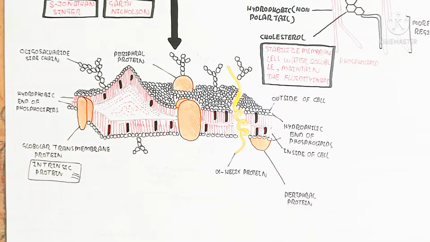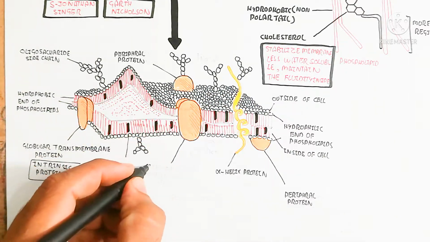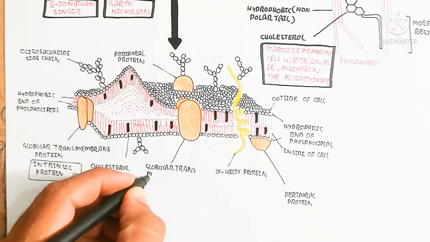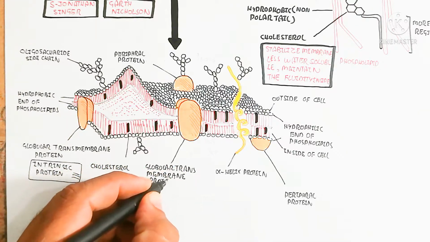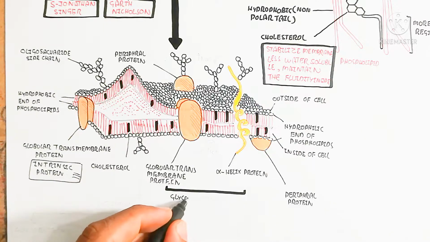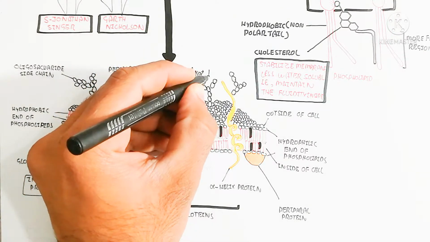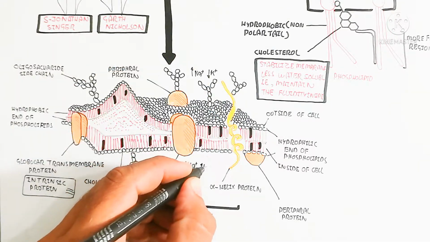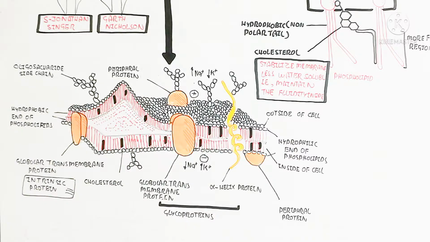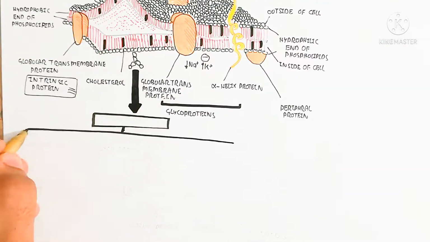The black color shows the cholesterol dispersion. Glycoprotein formation and glycolipid formation occur due to glucose being attached to the lipid.